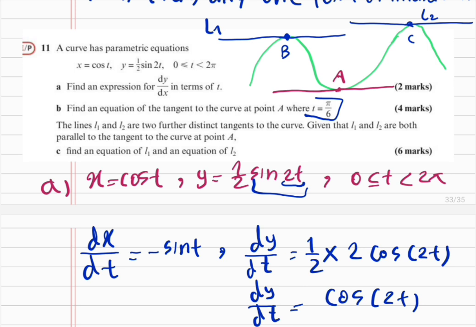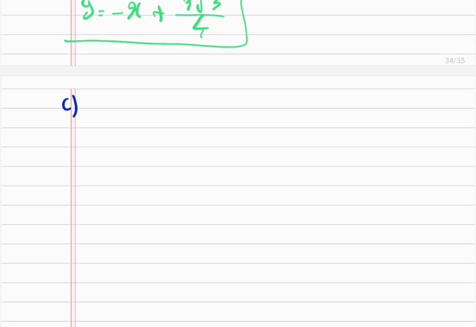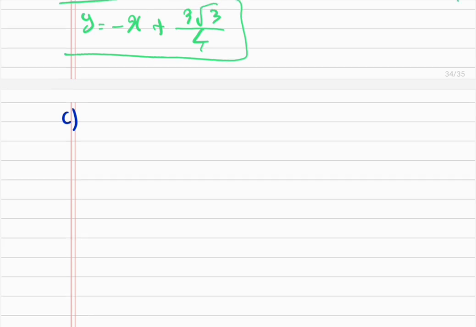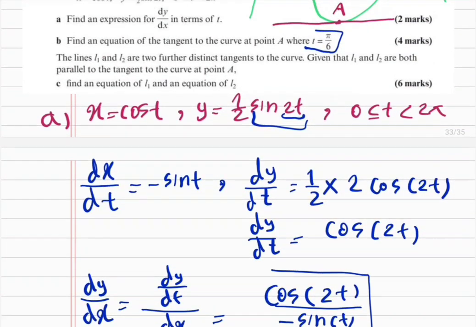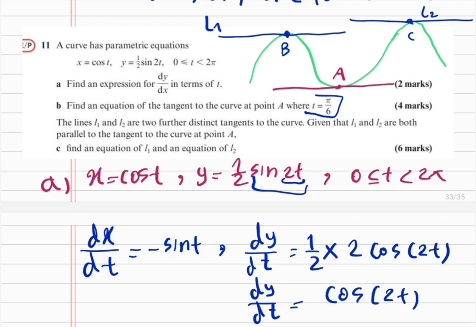Now, the most important step to answer part C is realizing the fact that I just mentioned, but in a more mathematical and algebraic way. What I just mentioned, which is more like a geometrical approach, was that L1 and L2 have the same gradient as the red line, which is the one that we found in part B. So they have the same gradient, which is -1.